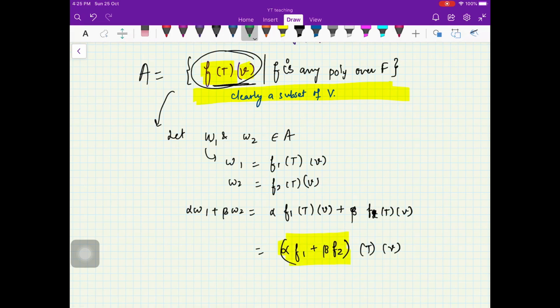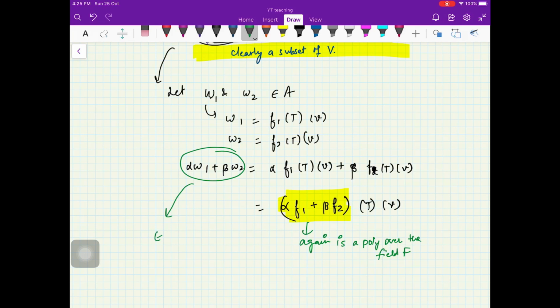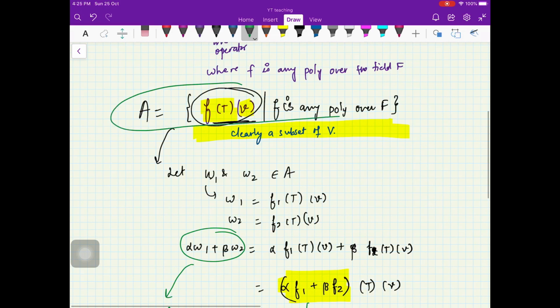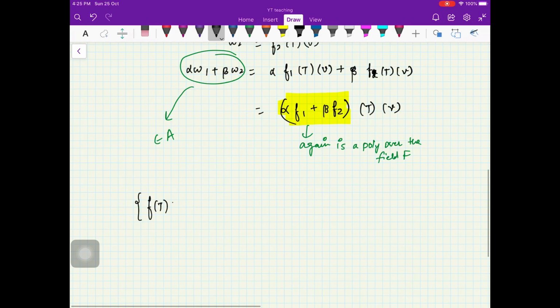This again is a polynomial over the field F. Therefore this quantity again belongs to the set A, and so it is a subspace. So we see that f(T)v, where f is a polynomial over the field F, is a subspace of V.